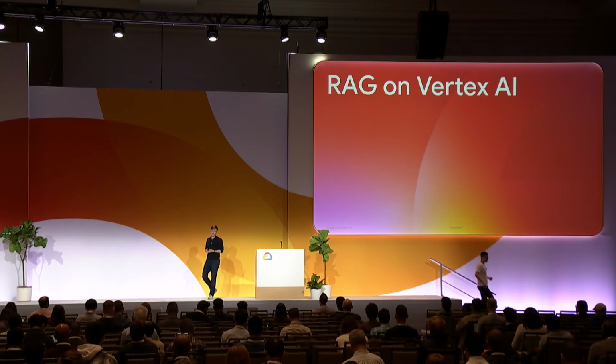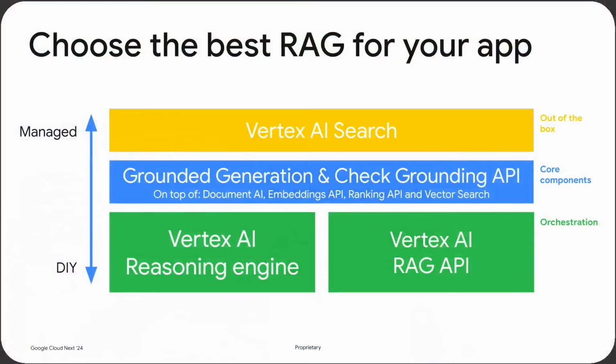For joining us today. Yes, I want to start a bit with talking about the options that you have for running your own RAG on Vertex. Actually, we have multiple options available for you. If we look at the top with Vertex AI Search, we have a fully managed solution. So you can use Vertex AI Search without having to worry about things like indexing and ranking and how I should chunk and parse my documents.